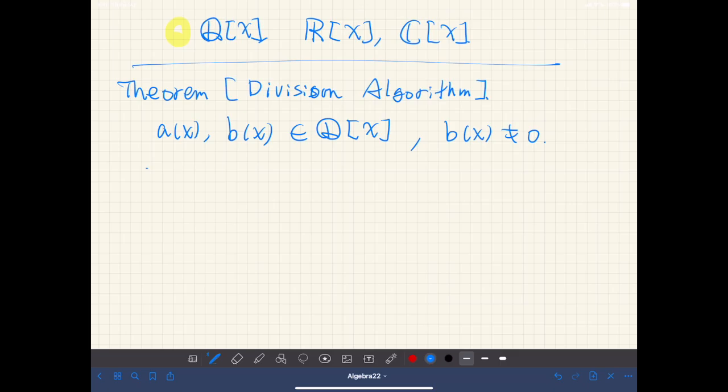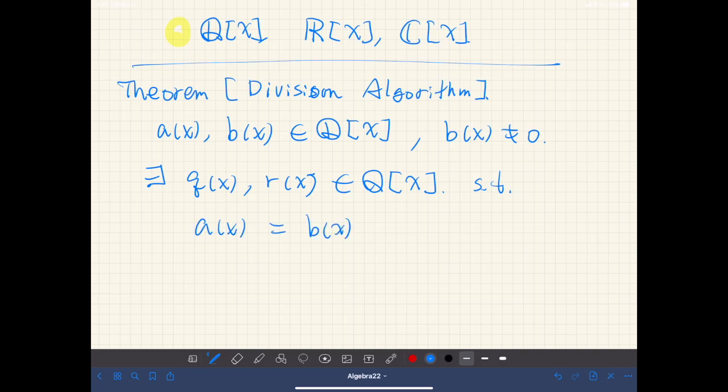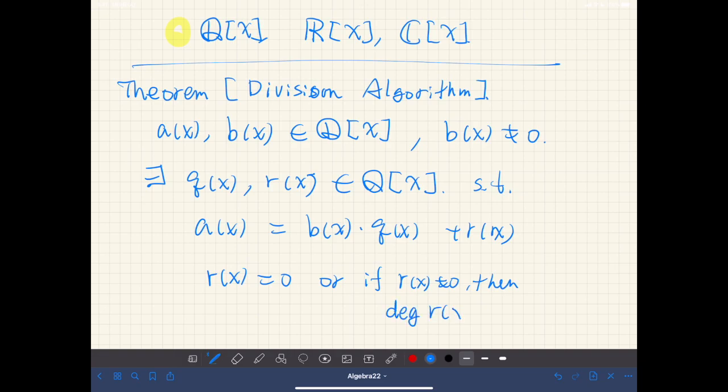Then there exist polynomials q of x and r of x in this set such that a of x is equal to b of x times q of x plus r of x, and either r of x is 0, or if it's non-zero, then the degree of r of x is less than the degree of b of x. Okay.